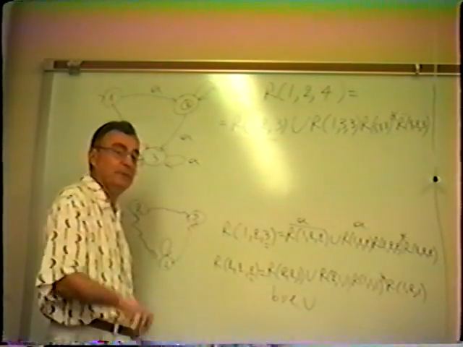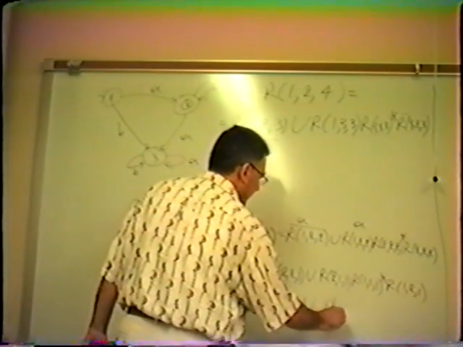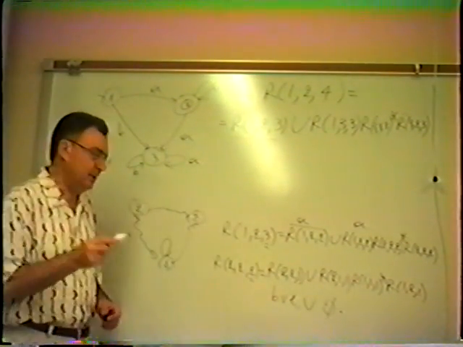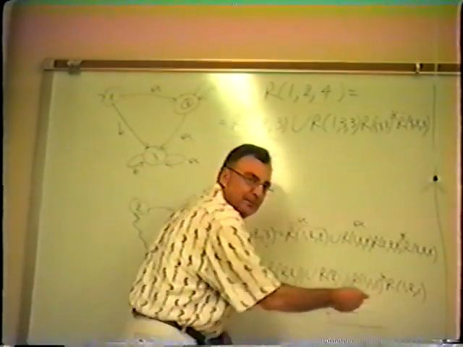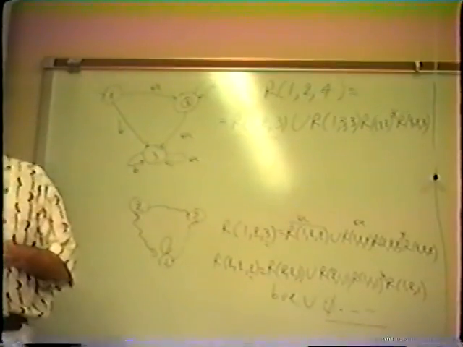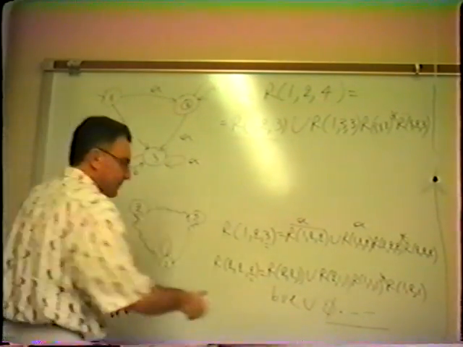You cannot go from 2 to 1 without crossing. Empty set. Concatenate. Once you have an empty set in the concatenation, you don't need to know the other parts, because concatenating the empty set with something else is the empty set. So the whole thing is the empty set.